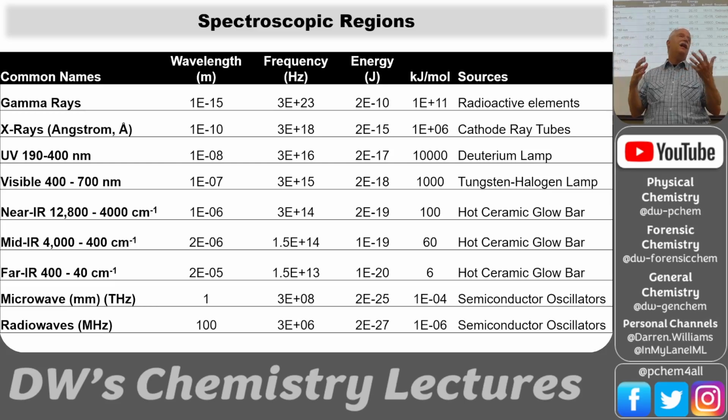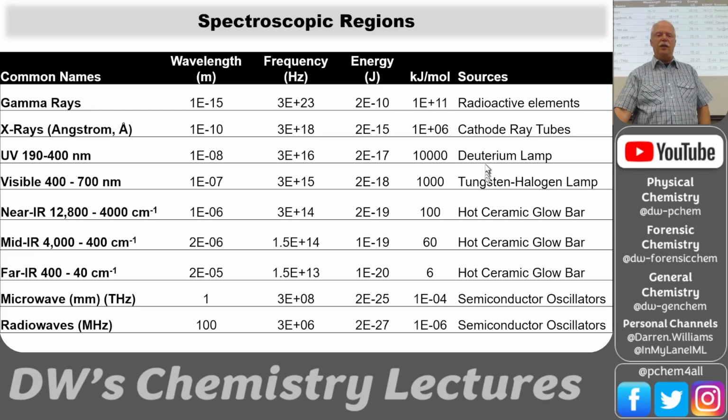But infrared light doesn't have enough energy to break bonds. It's in the 100 kilojoule per mole range. If you remember your organic, all of those bond enthalpies were above 100 mostly. And so the mid infrared, specifically in the 60s of kilojoules per mole, is not enough to break bonds. So we're just vibrating those molecules in their vibrational modes.